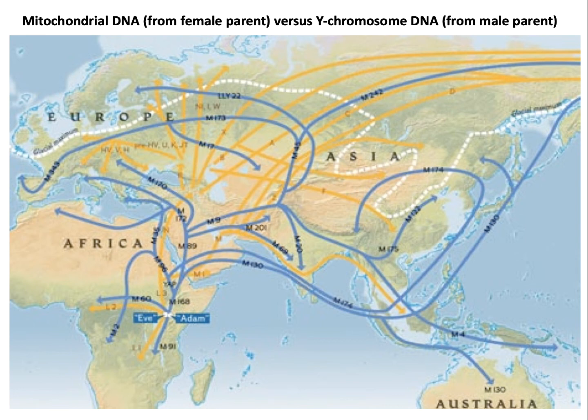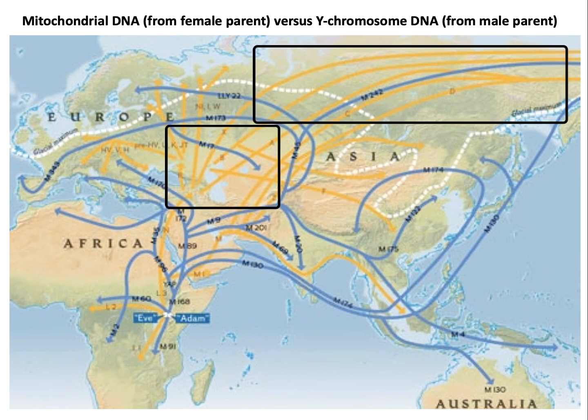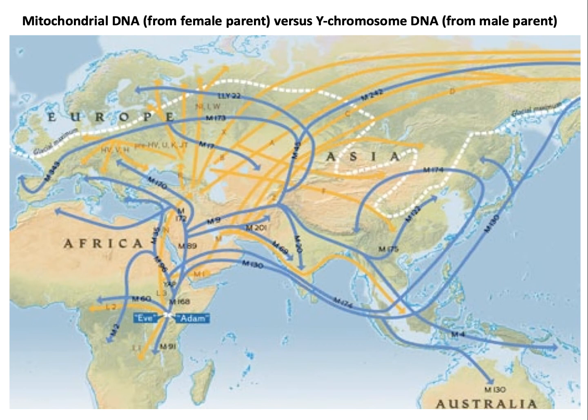indicating movement of the mitochondrial DNA, which follows the females around, as well as the Y chromosome, which will follow the males around. So you can see by and large, many of the migrations of the females don't quite match some of the migrations of the males. So there were some differences in where those different haplotypes, both the mitochondrial haplotypes and the Y chromosome haplotypes, moved, although it's clear that the beginning was in Africa.